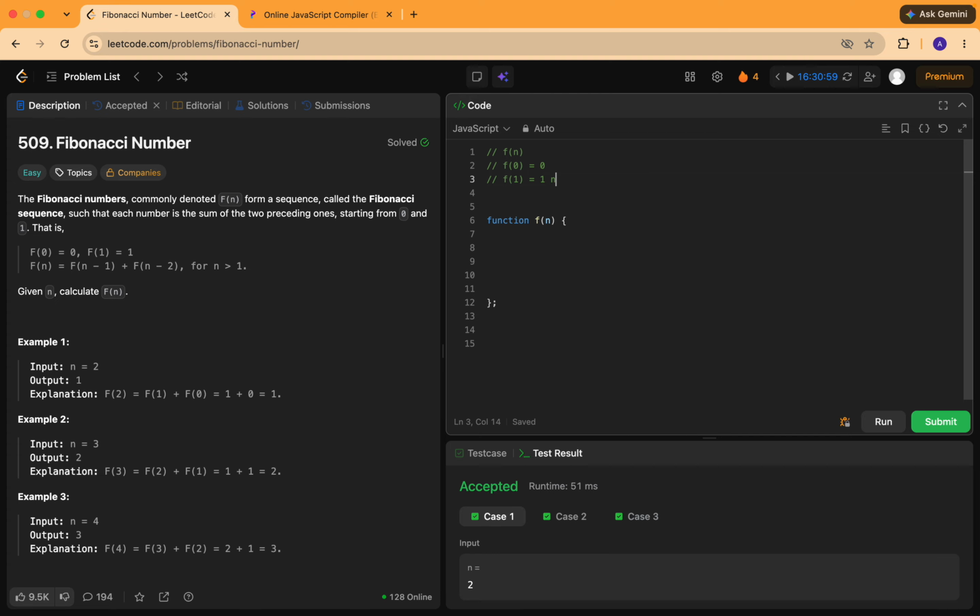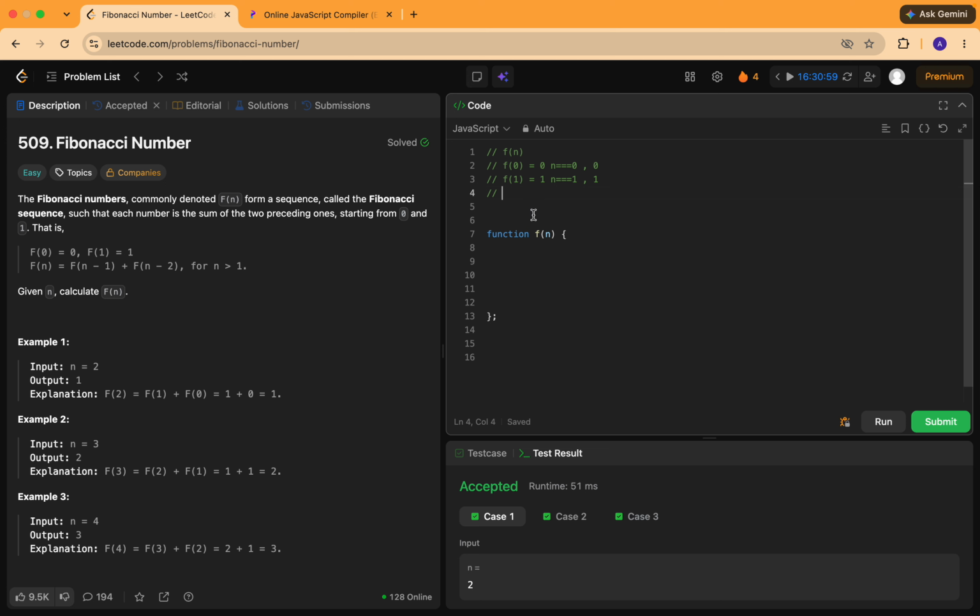It means that when n becomes 1, it will return the value 1, and when n equals 0, it returns the value 0.